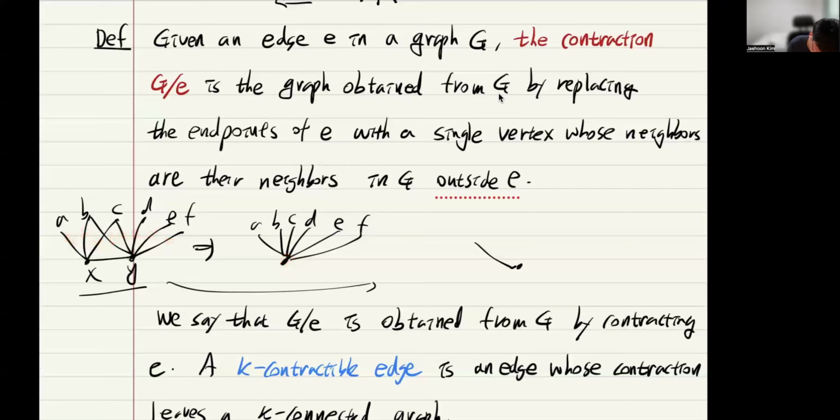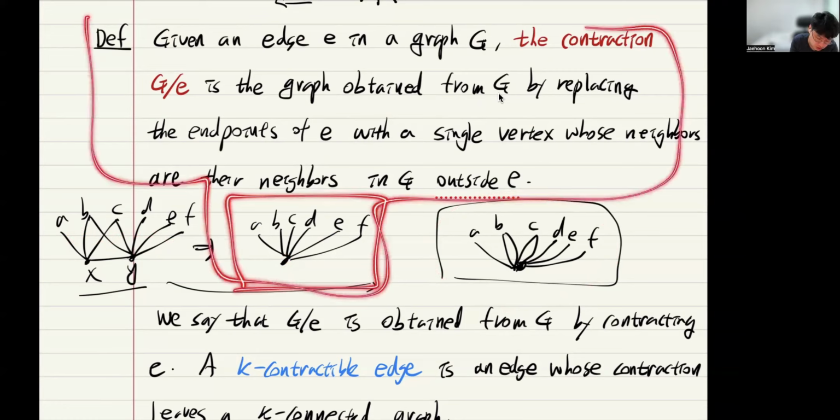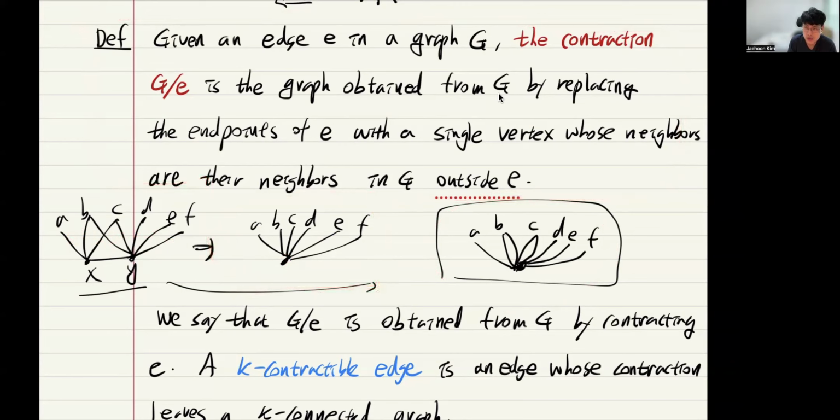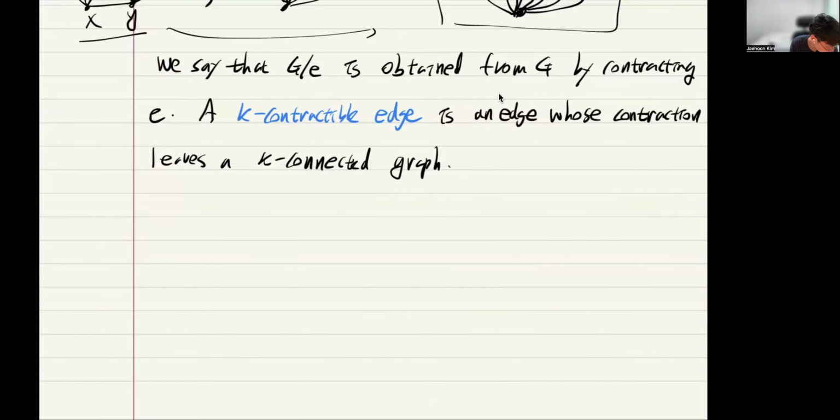In that case, a multi-edge might arise. So in many contexts, this is actually the more natural definition for contraction. But in our course, we keep with this definition so that we already get a simple graph. So multi-edges cannot arise.